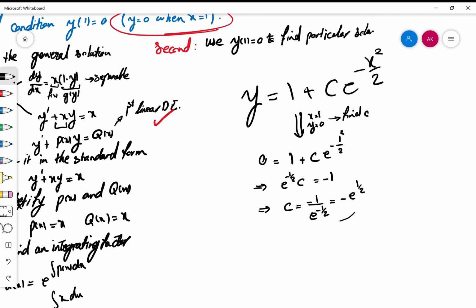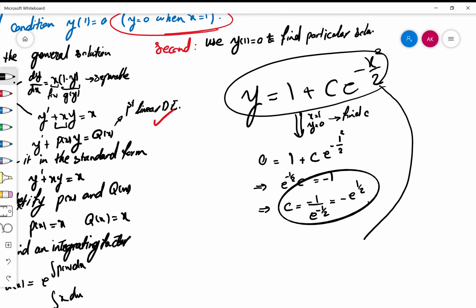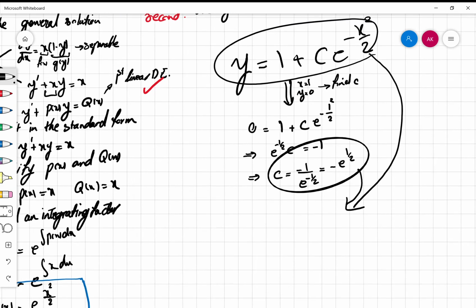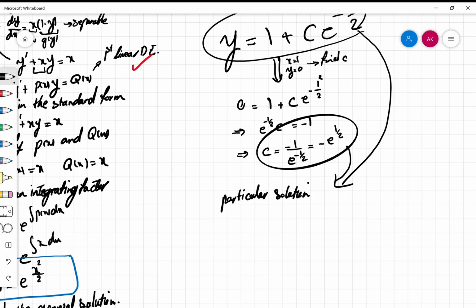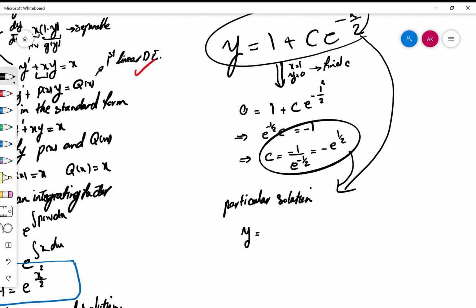Now that I found c, I plug c into the general solution to find the particular solution. Here, y is equal to 1 plus c, which is negative e to the power half, times e to the power minus x squared over 2.